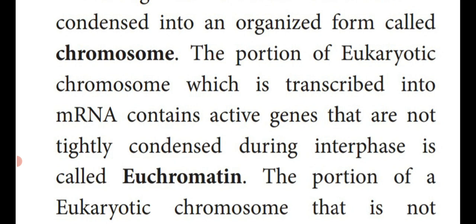These active genes are not tightly condensed during interphase, and that is called euchromatin. Some regions are not condensed properly, they are loosely arranged. That region is said to be euchromatin.